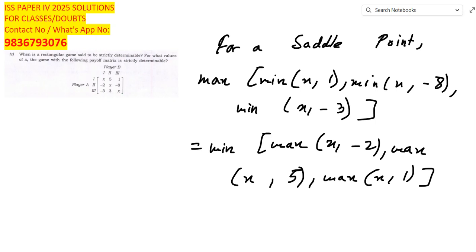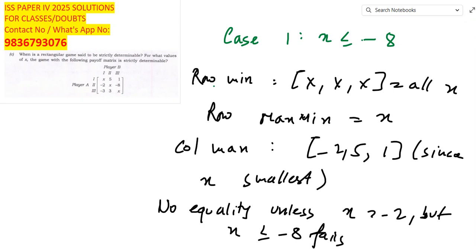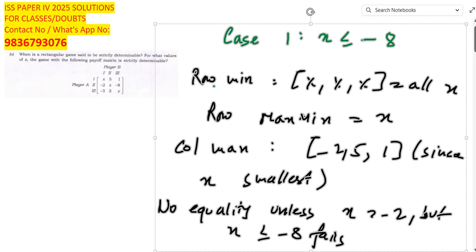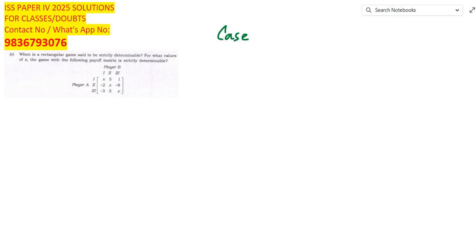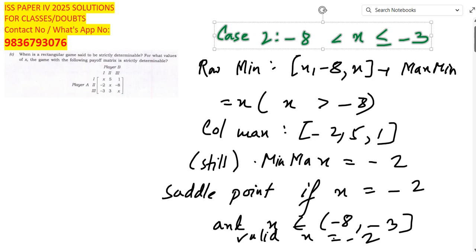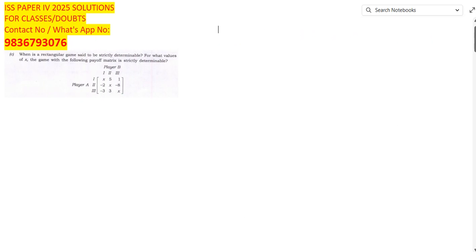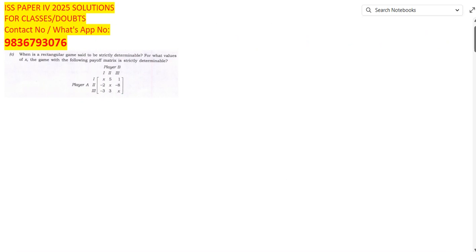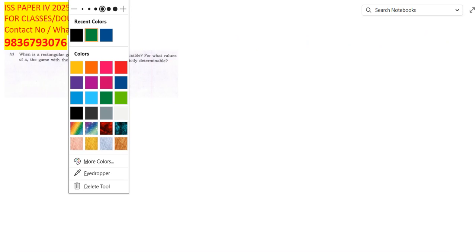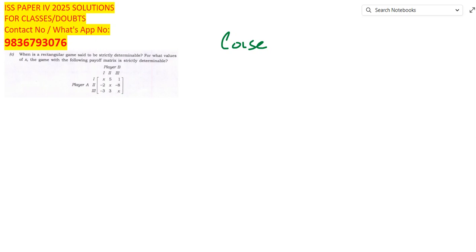So first, the first case, so here case 4, that x greater than 1.